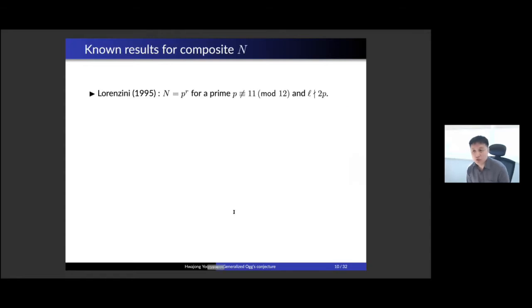So what is the known result for composite numbers n? Dino Lorenzini in 1995 proved the case n equals p^r for a prime number p not congruent to 11 modulo 12, and L another prime different from p. In that case, he proved conjecture O using the fact that, under this condition, the cuspidal group maps surjectively to the component group of the special fiber of the Néron model of J_0(n) over F_p.